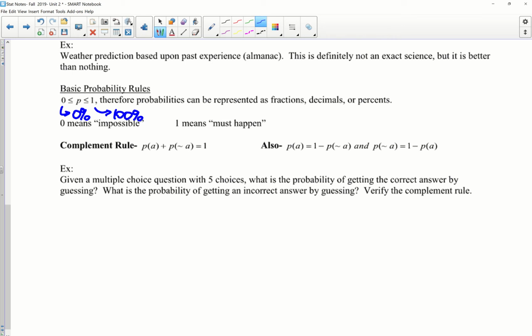The difference between the two is pretty straightforward, I think. All of something, none of something. But the meaning of them can be a little iffy. The 0 and the 1 represent impossible and must happen, not through experimentation, but because that's the nature of the experiment.